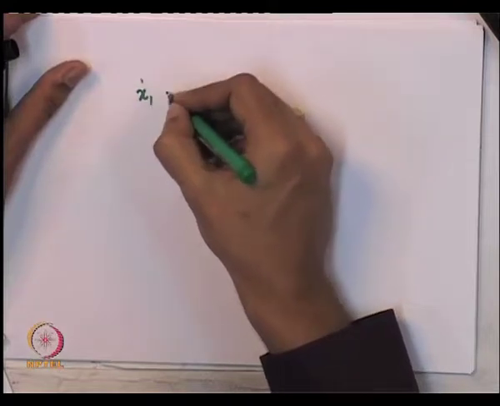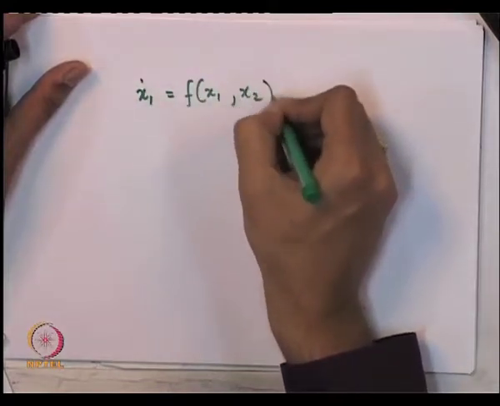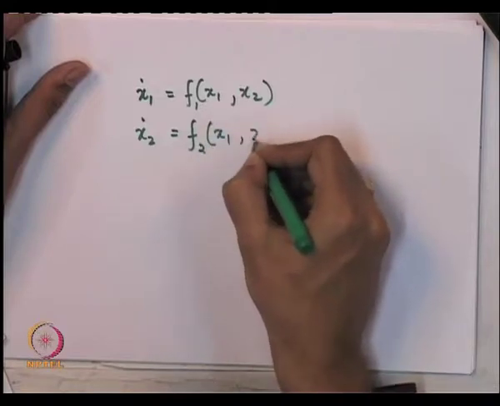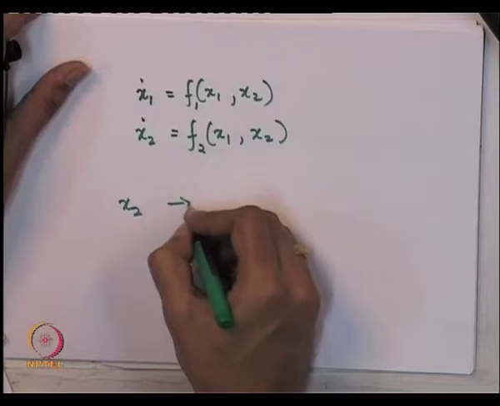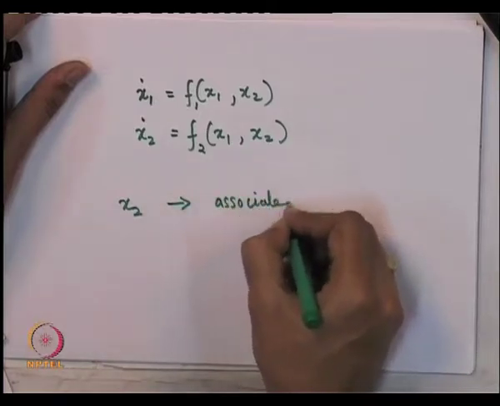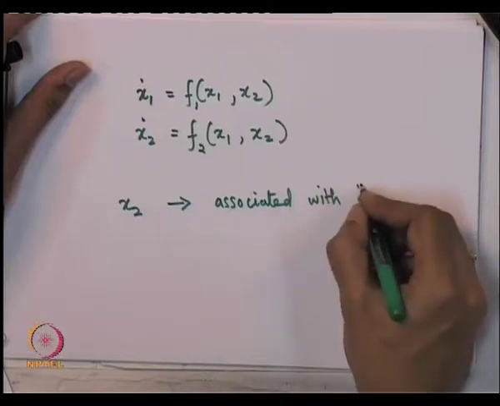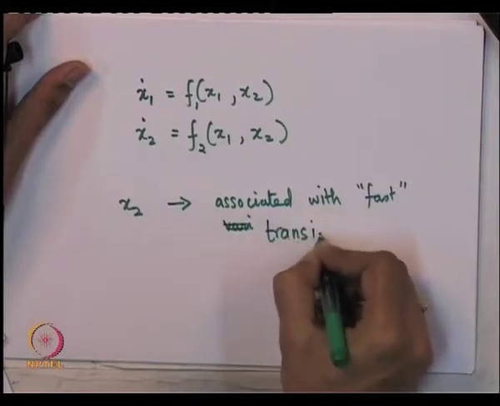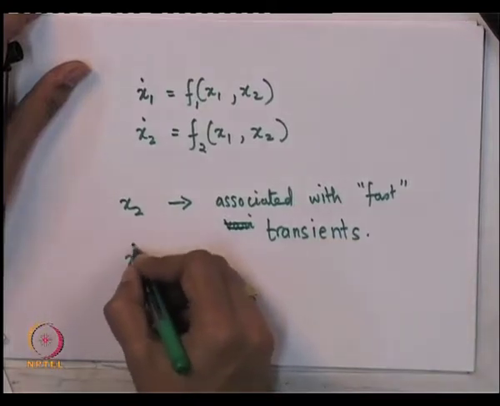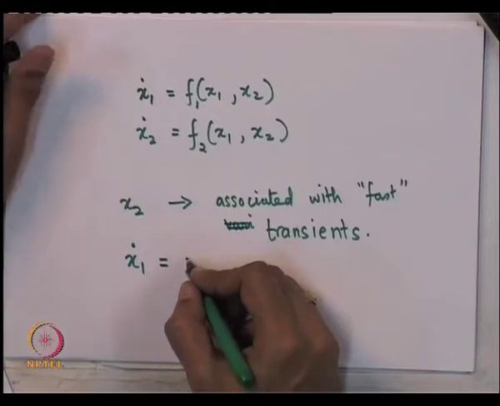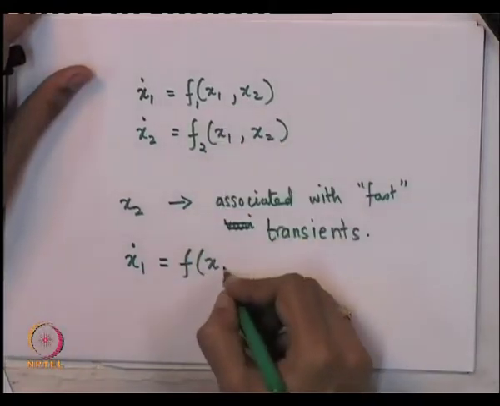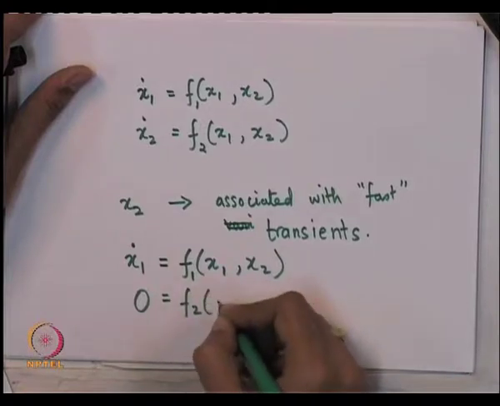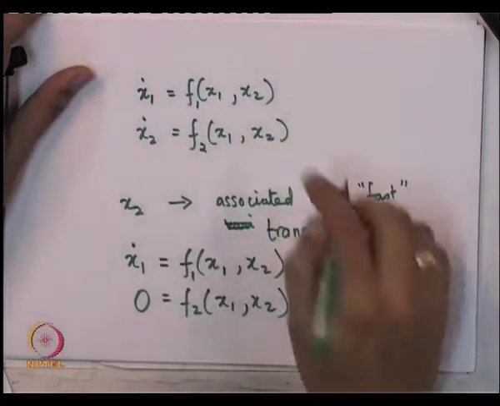So, if you have got some fast variables, then as far as the slow behavior of the system is concerned, it can be obtained simply by replacing this differential equation by an algebraic equation.